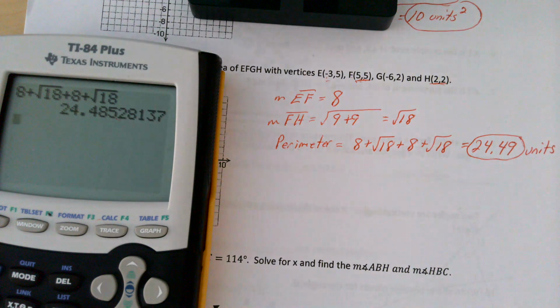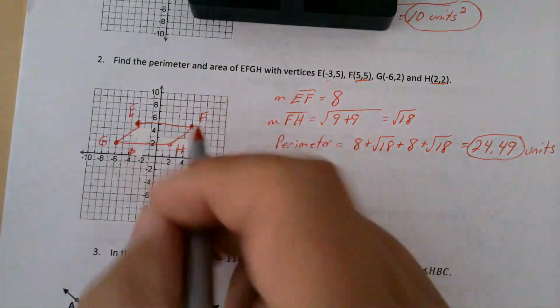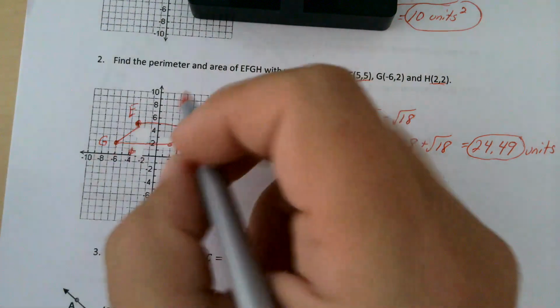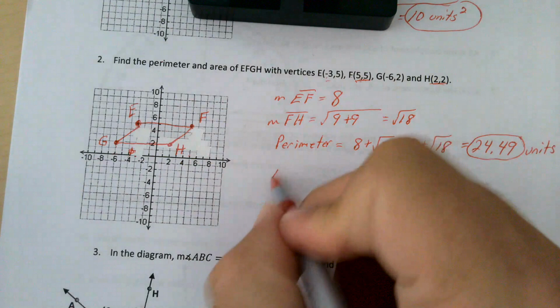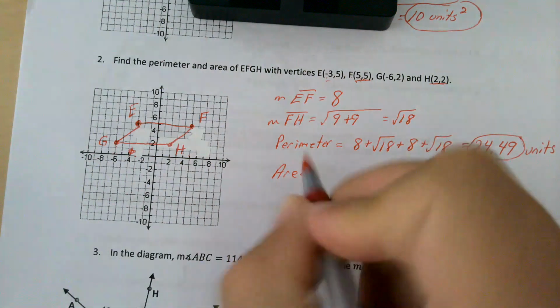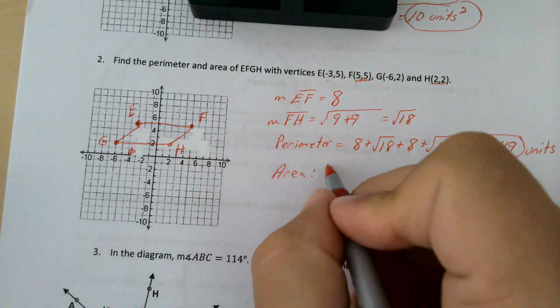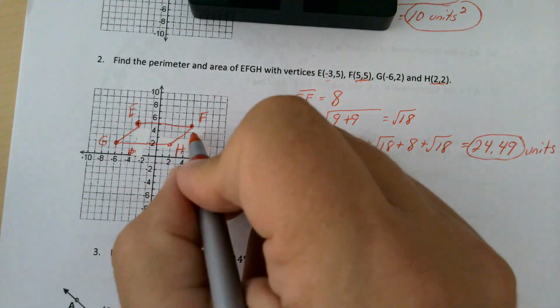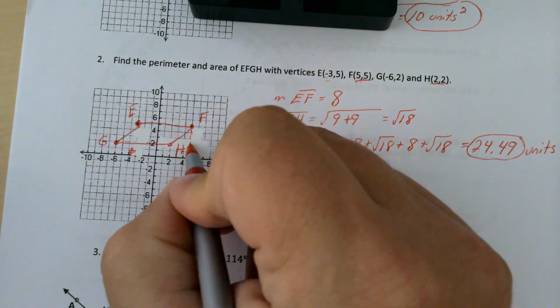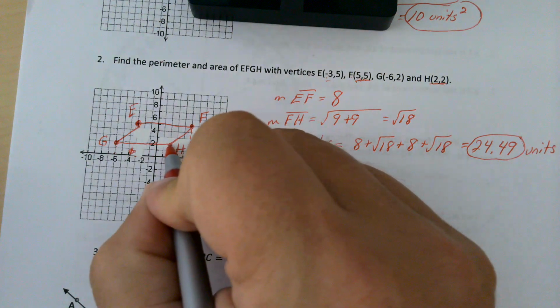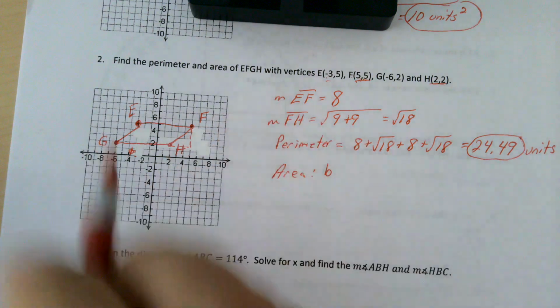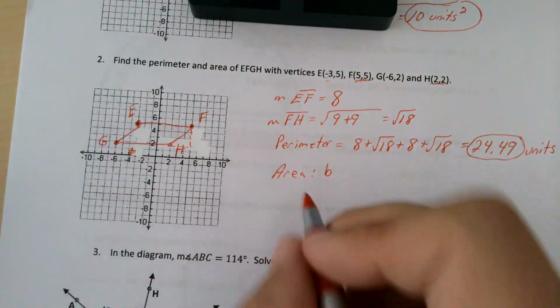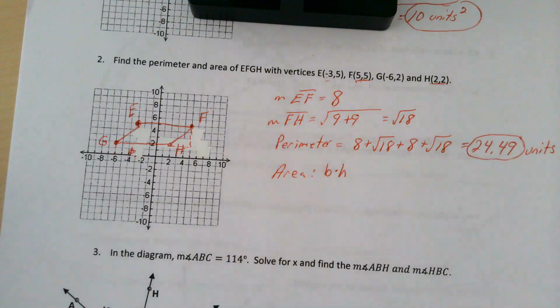So now as far as area of a trapezoid, I have the base. So area is the base, which we know is going to be 8, and then we need to know the height. If I just drop from down here, it's going to be real easy to tell the height, which is just 3 units. So area is base times the height for a parallelogram.